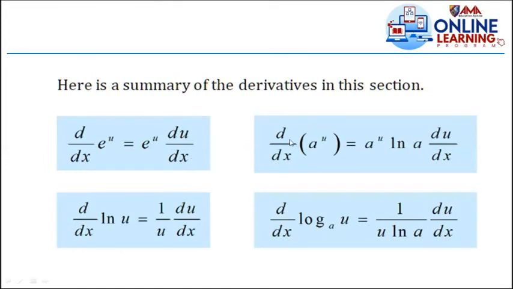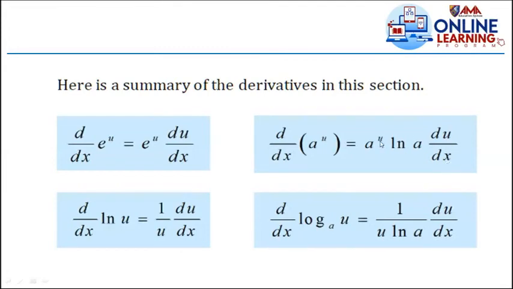Next, for the second one, the derivative of a raised to u with respect to dx. For this time, a is constant. Then u, the same procedure. We have a raised to u ln a multiplied by du all over dx.